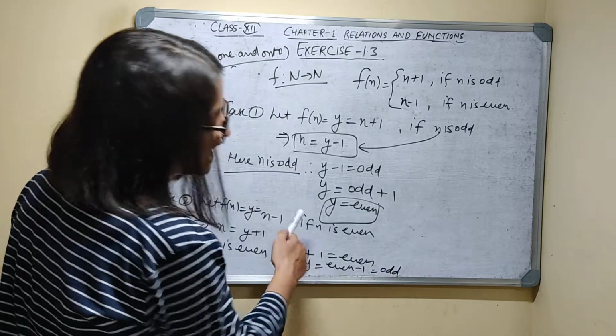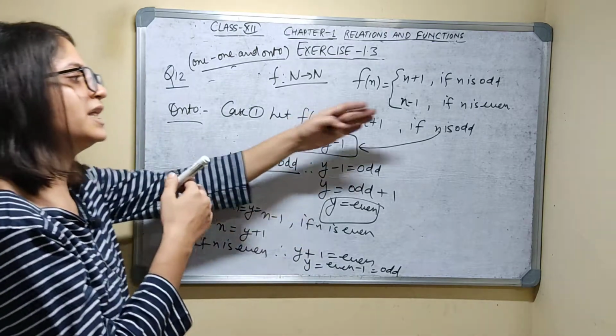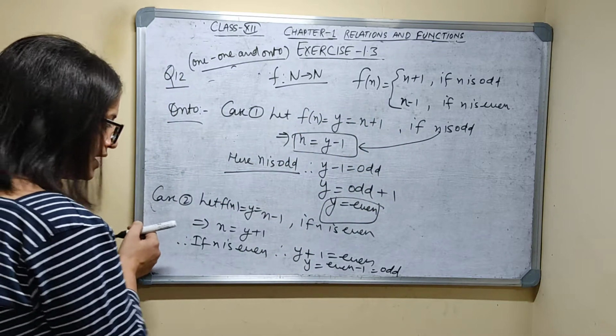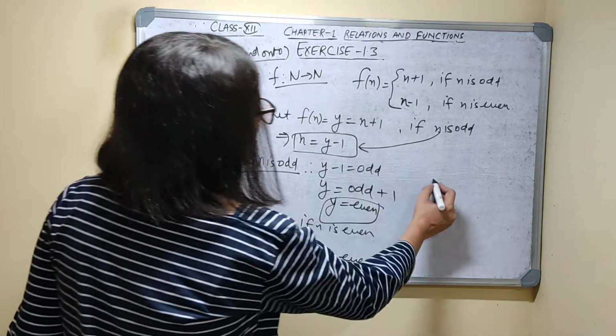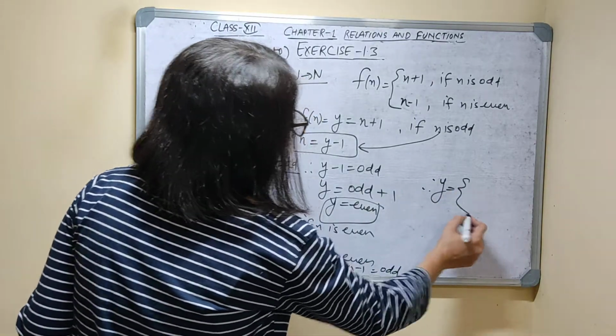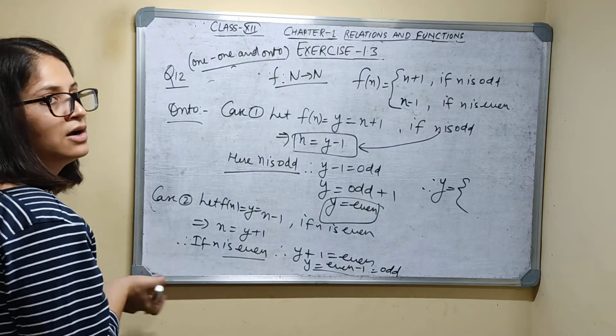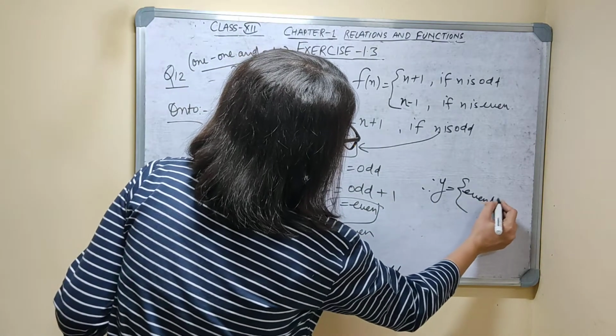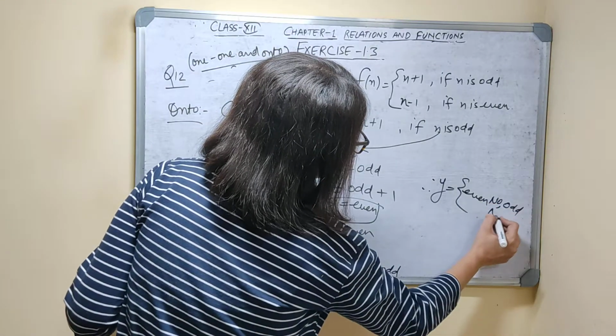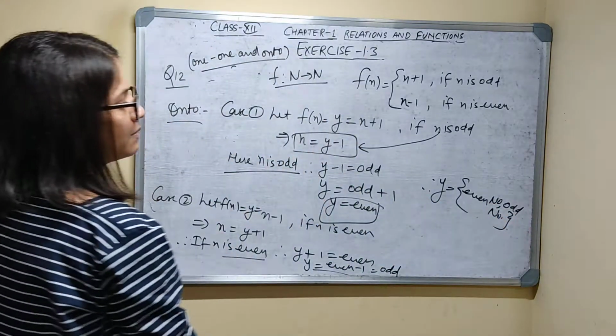So if you take n even, you get y odd. If you take n odd, you get y even. So y will be either even or odd. Is it clear? y will be even numbers and odd numbers.